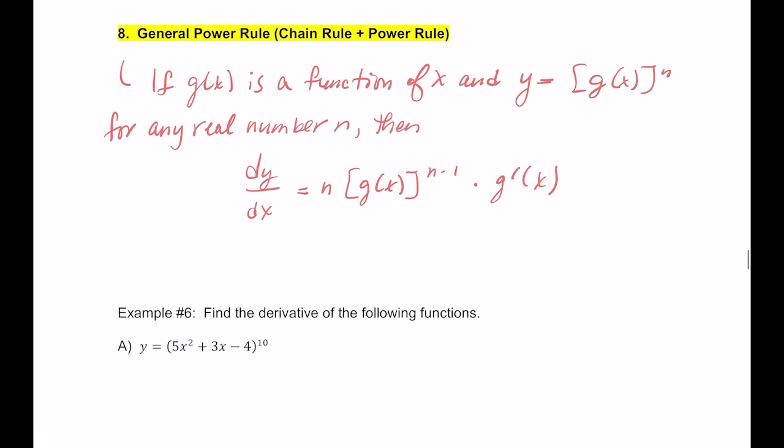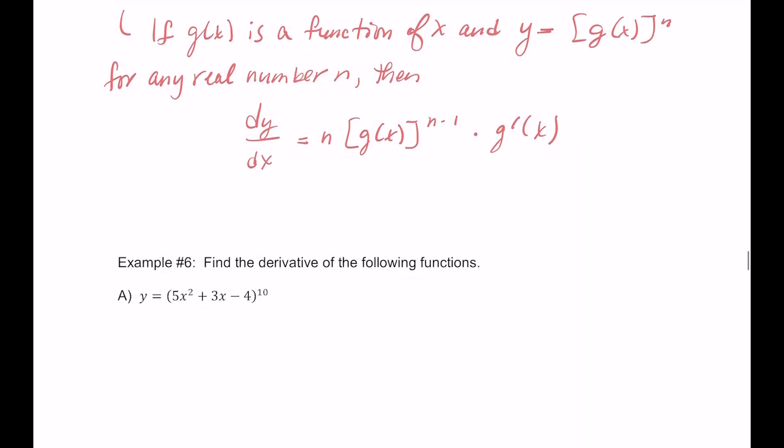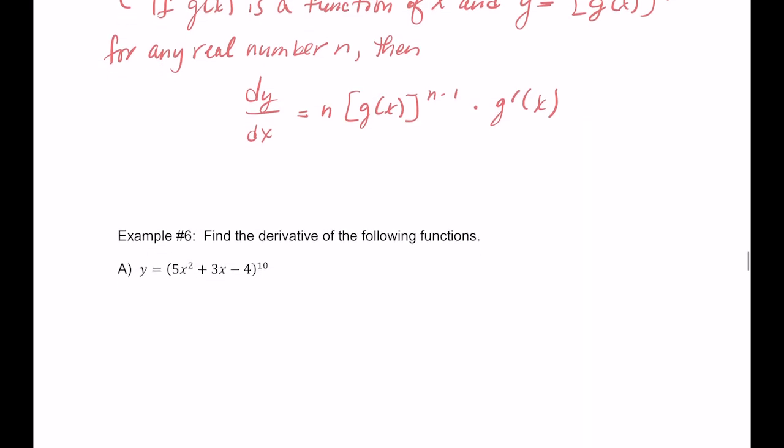Okay, so here's how we can use the general power rule and kind of bypass what we just did with the u's. I have some function raised to the 10th power. Okay, so it's a composite function, right? Here's the inner piece, and the outer would just be like u to the 10th.